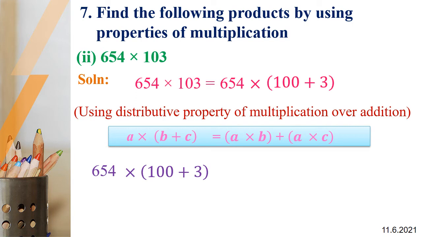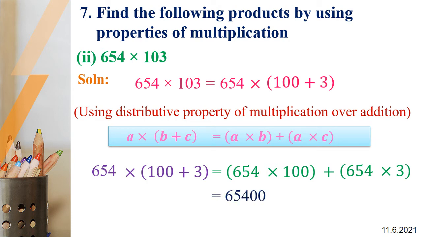Therefore, a value is 654, b value is 100: 654 × 100, then write the addition symbol and then a × c, where a is 654 and c is 3: 654 × 3. Now, first we multiply 654 and 100 and then multiply 654 and 3 and then add the values.